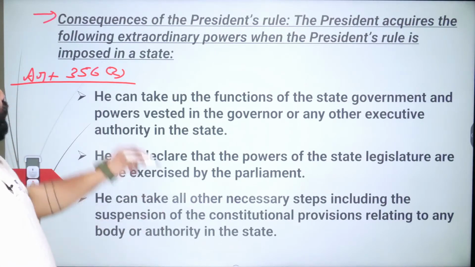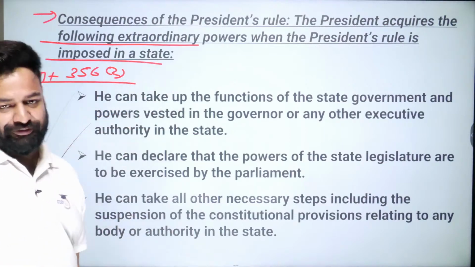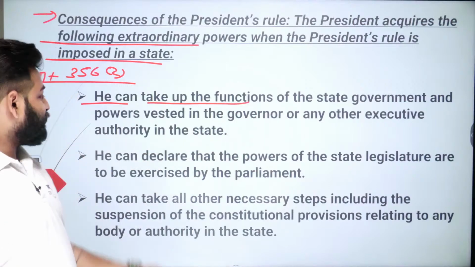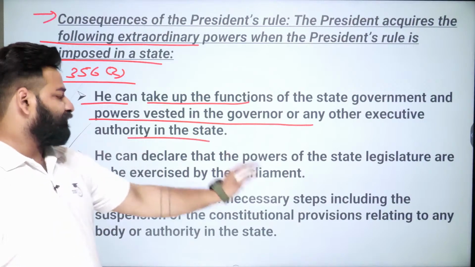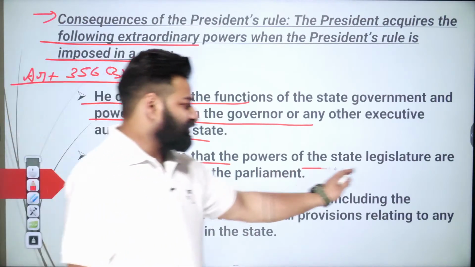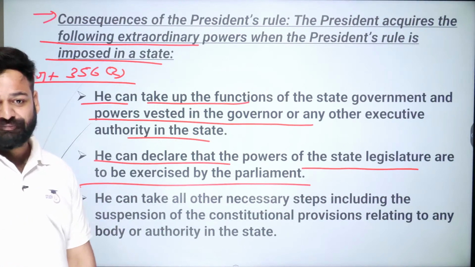The President acquires the following extraordinary powers when the President's rule is imposed in a state. Firstly, he or she can take up the functions of the state government and powers vested in the governor or any other executive authority of the state. Second, can declare that the powers of the state legislature are suspended or to be exercised by the parliament.